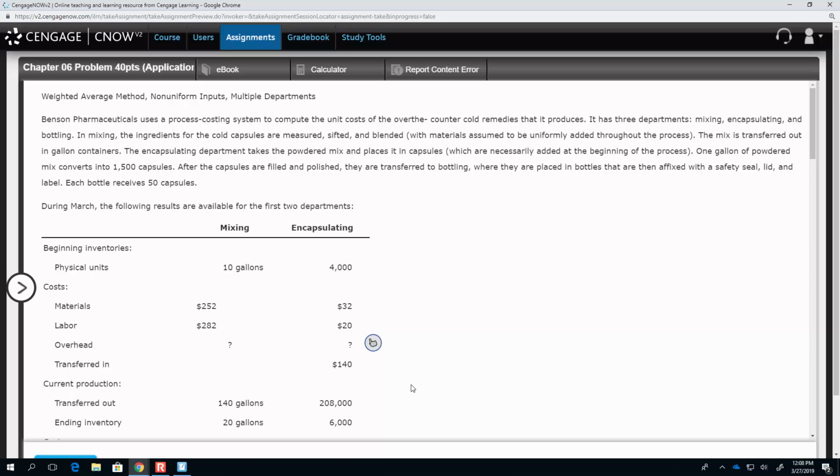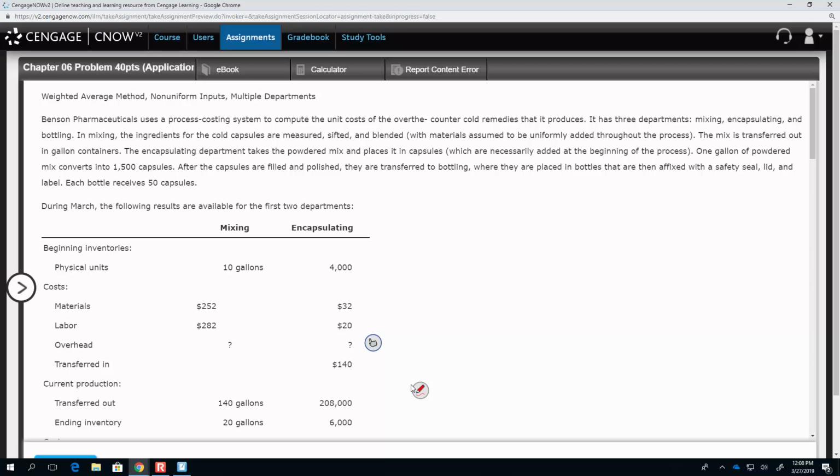So it starts on 327, it goes to 328. Nature of the beast. I'm hoping that what I show you will save you some time. Time is so precious. So we have 2 departments. We have a mixing department, encapsulating is the second department. It's the weighted average method.